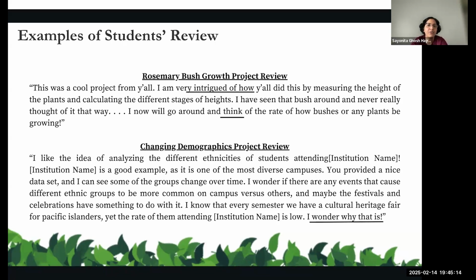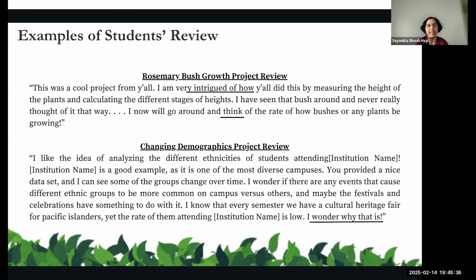The second reviewer wrote about the changing demographics project. They said, "I like the idea of analyzing the different ethnicities of students attending this institution, as it is one of the most diverse campuses. You provided a nice data set and I can see some of the groups change over time.